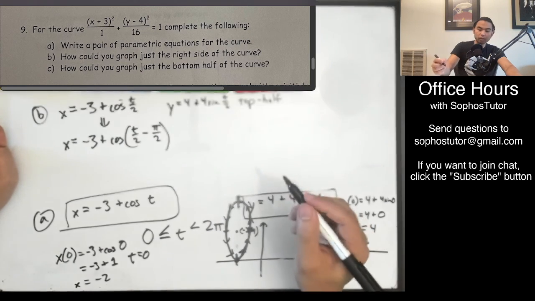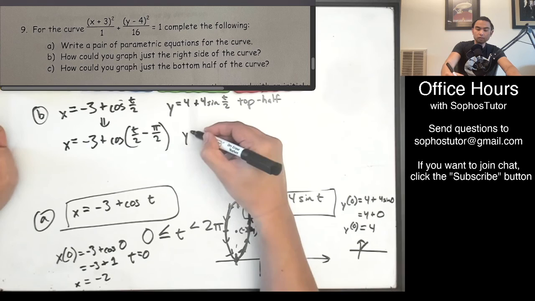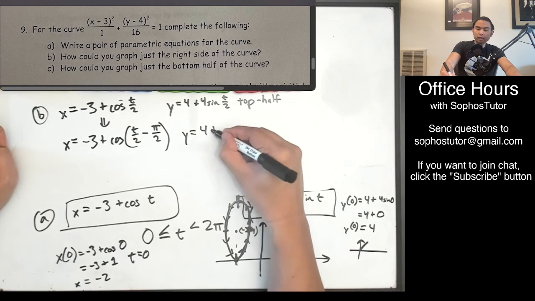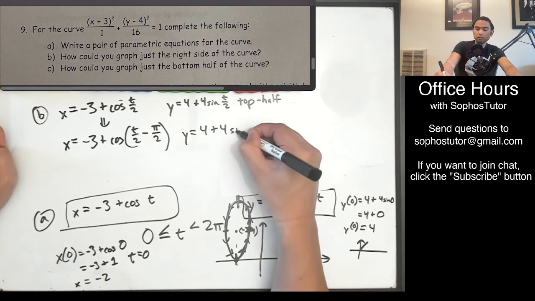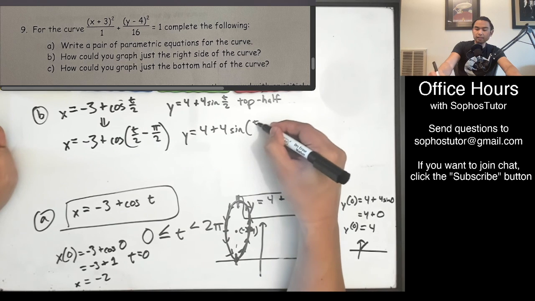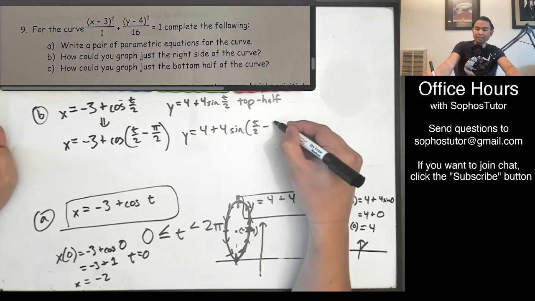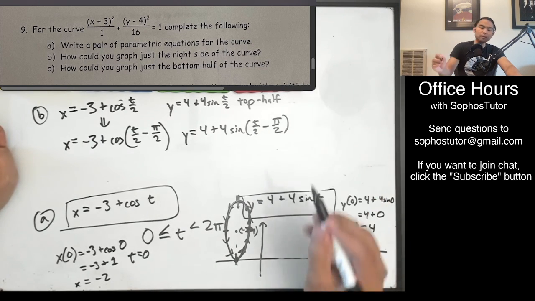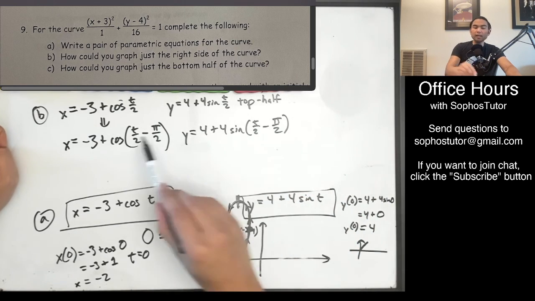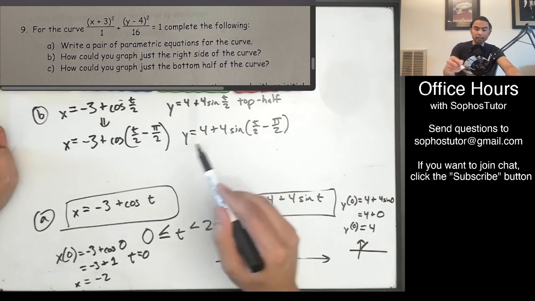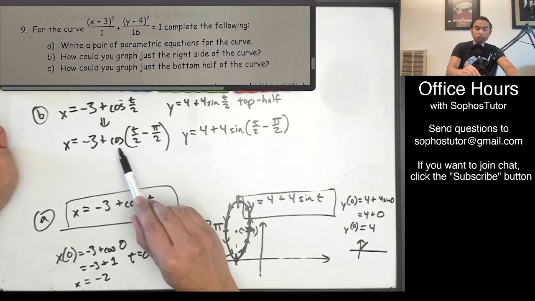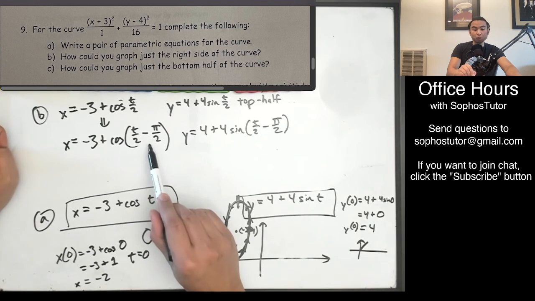Okay? We'll do that also with sine: t over 2 minus pi over 2, right? So just to review, if we plug in now t equals 0, instead of taking the cosine of 0, we're now going to take the cosine of negative pi over 2.